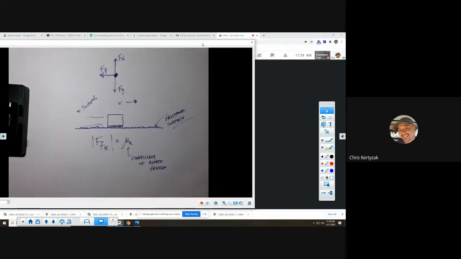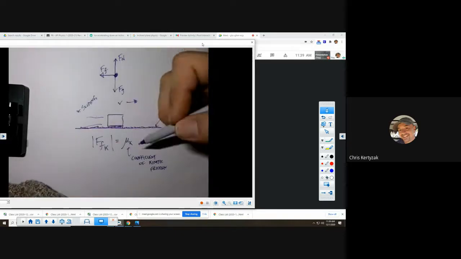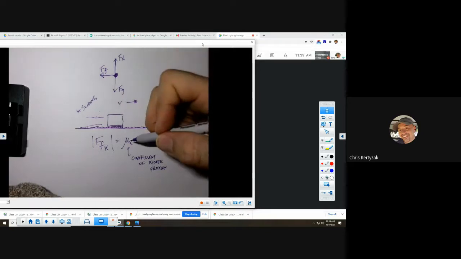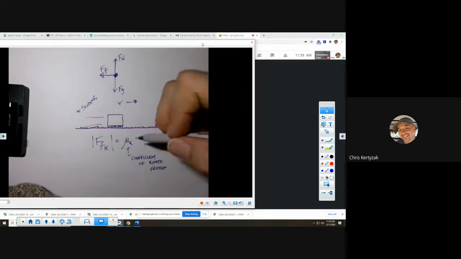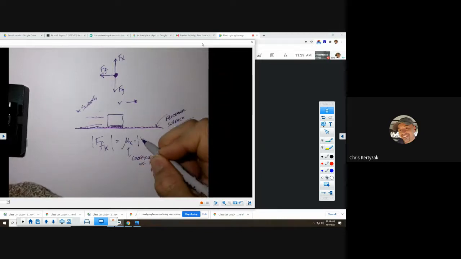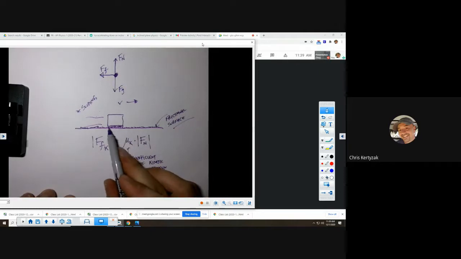So we use the word sliding sometimes to remind ourselves that that's what kinetic friction is. And the friction force is always equal to this coefficient times the amount of normal force occurring between the two surfaces.